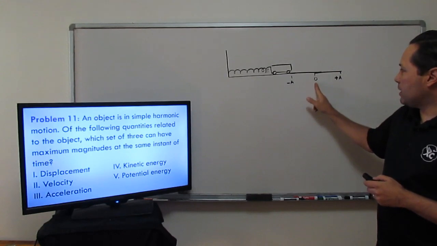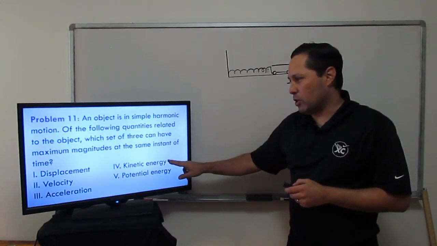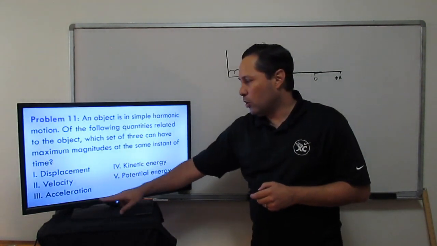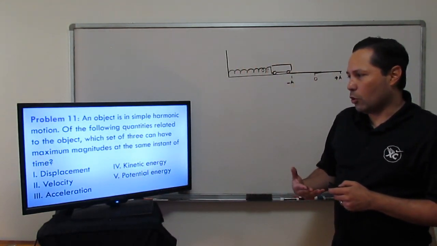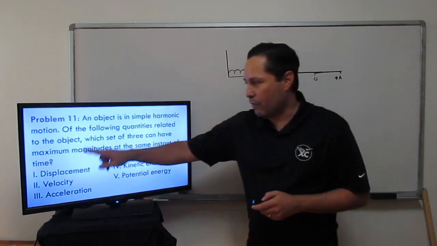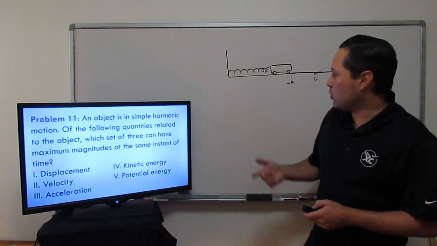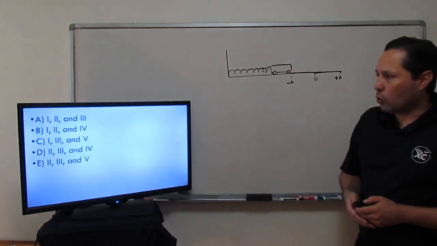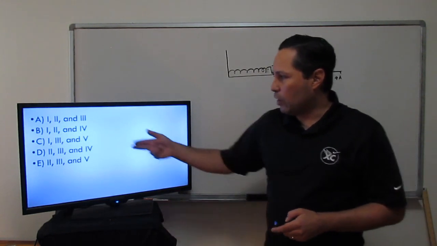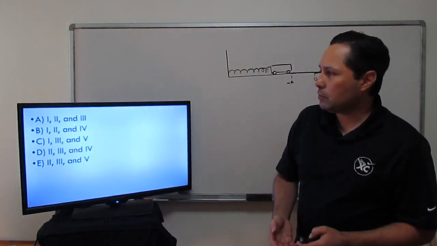When the cart is back at 0, it's going to be traveling the fastest with the most kinetic energy, but the displacement will be zero, it will have no acceleration, and the spring will not be compressed. So the answer would have to be 1, 3, and 5: displacement, acceleration, and potential energy when it's furthest from the equilibrium point. So for that one, 1, 3, and 5 will be letter C. So that's the answer for problem number 11.